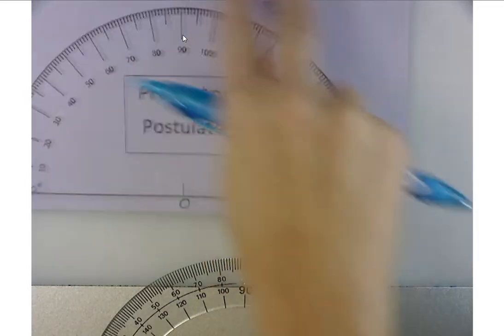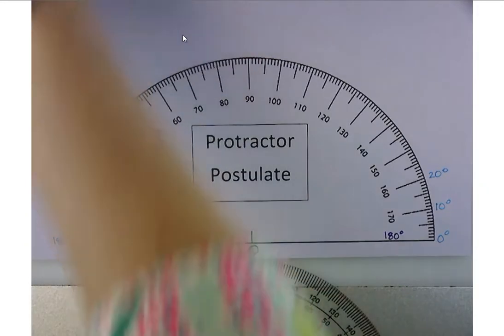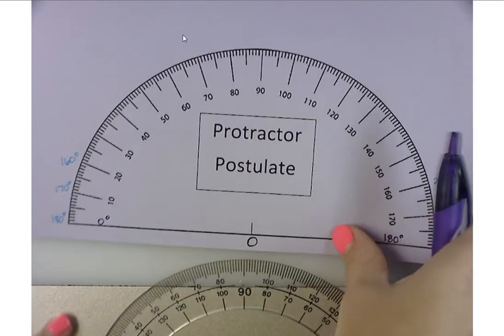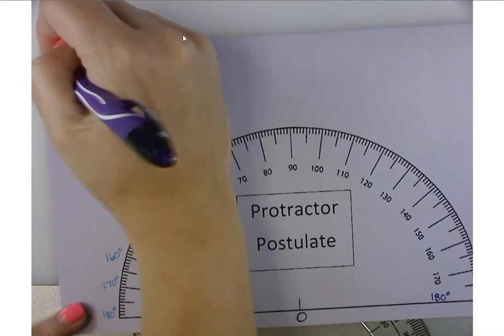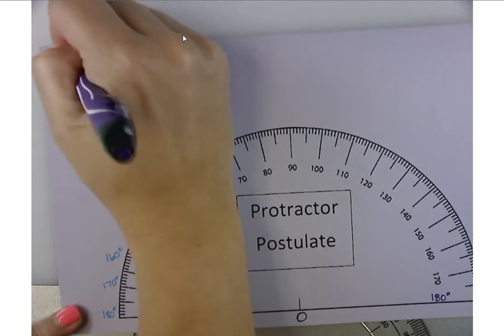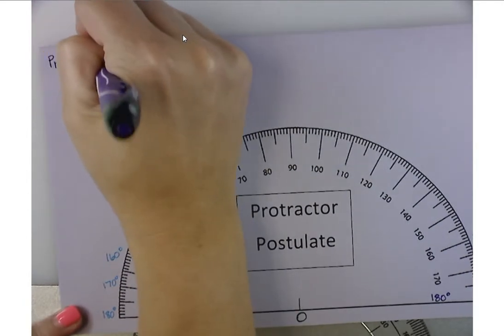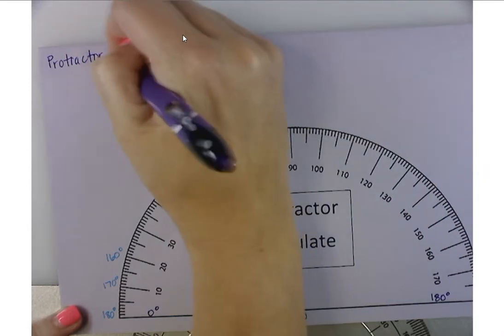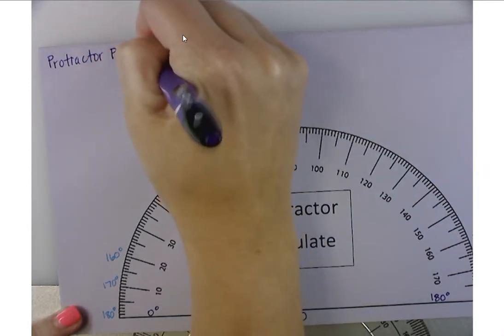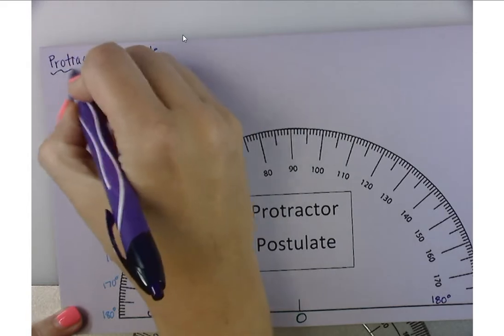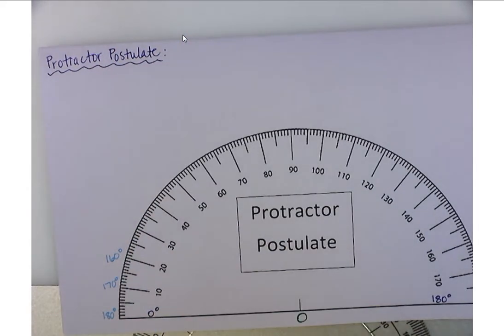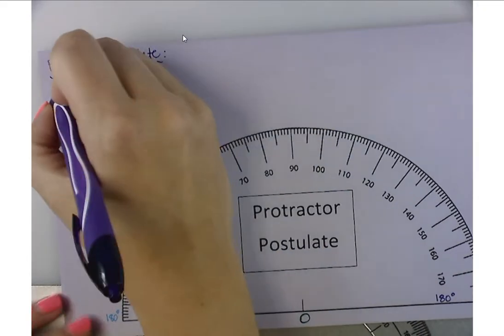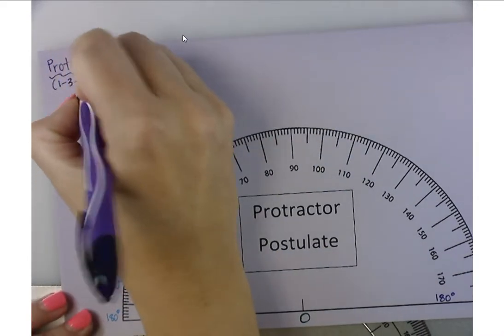Okay, so we're going to write what our protractor is on the top here. You're going to see that the protractor postulate is actually very similar to the ruler postulate. If you are looking for the protractor postulate in your book, they call it 1-3-1.